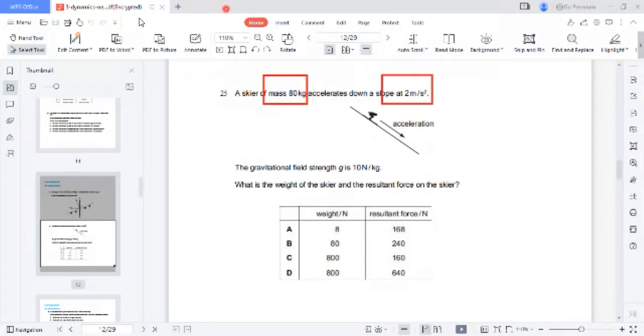By Newton's second law, this acceleration is a kind of resultant acceleration. F equals m times a. Mass is 80 kg and acceleration is 2, so we have 160 Newton force.